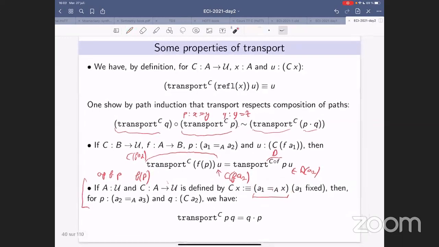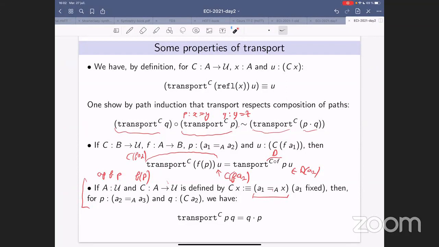And then we may ask ourselves, what is the result of transporting with respect to this family C along a path p that goes from A2 to A3, an element of C A2? What is an element of C A2? It is a proof that A1 is equal to A2.